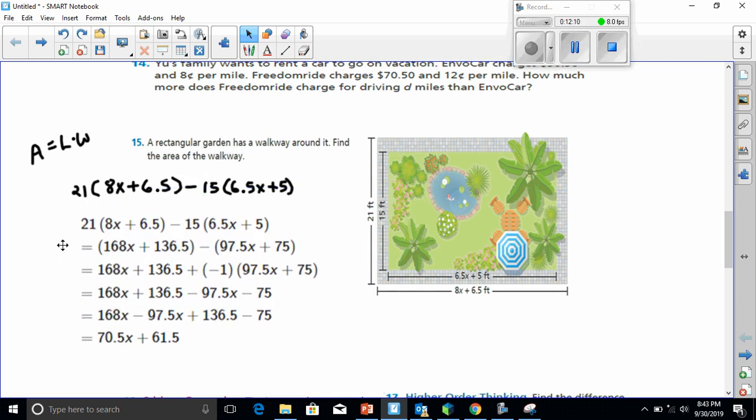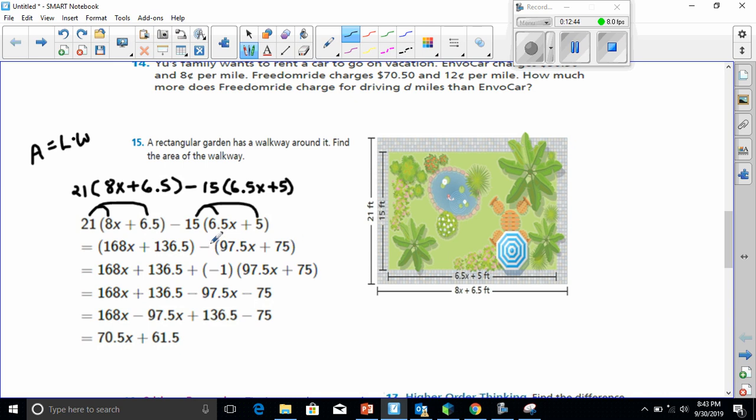As you can see, they took the 21 and multiplied it to 8x, and then they multiplied it to 6.5, and they got these terms here. They took the 15, left the negative sign there, multiplied it to 6.5x, and then multiplied it to positive 5, and they got 97.5x plus 75.